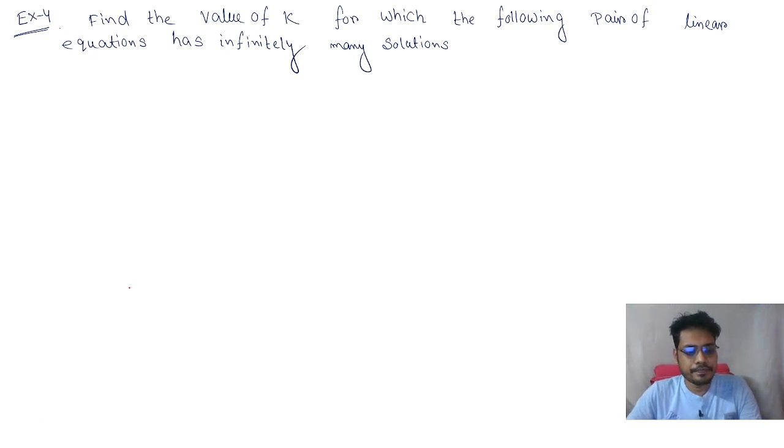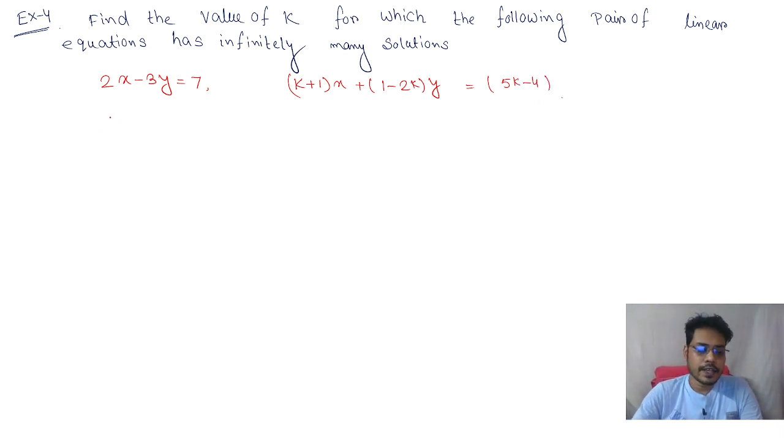So here the equations are given: 2x minus 3y is equal to 7, and (k plus 1) into x plus (1 minus 2k) into y is equal to 5k minus 4. First you have to write them in this way: a1x plus b1y plus c1 is equal to 0.